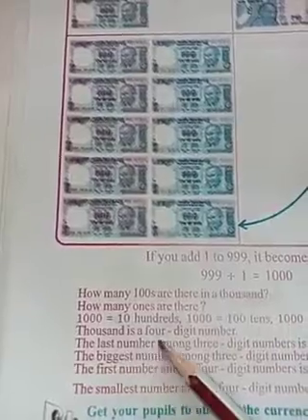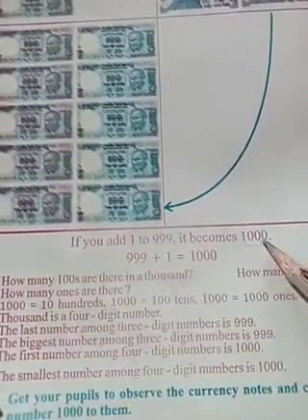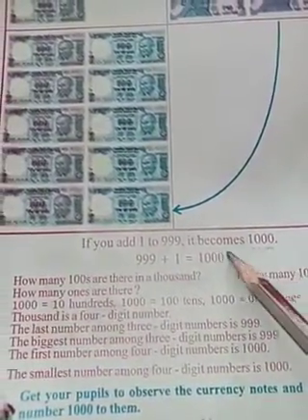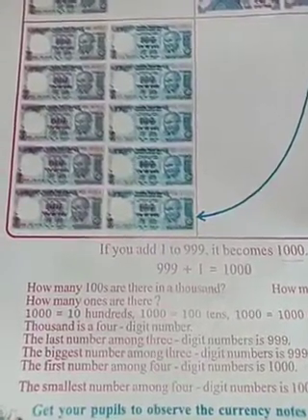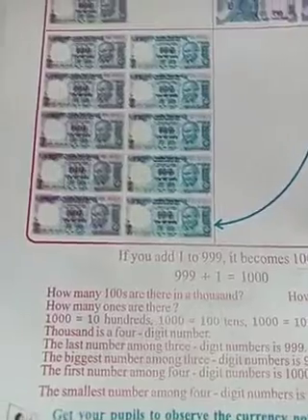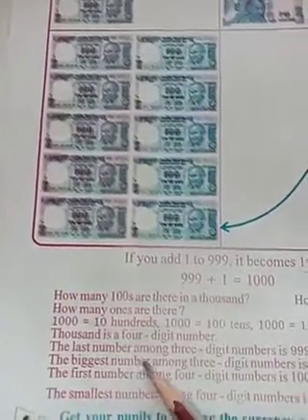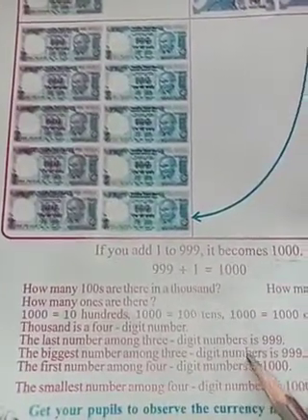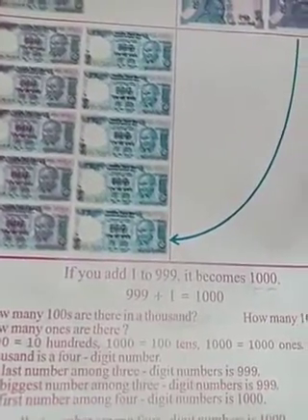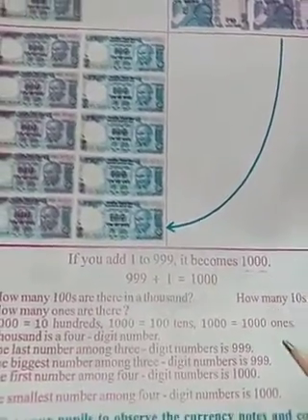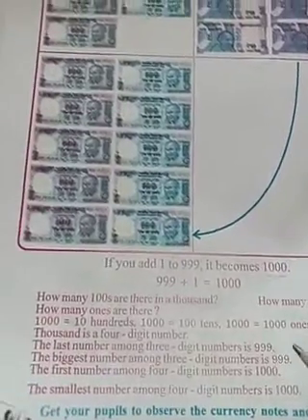So how many digits does 1000 have? 1, 2, 3, 4. 4 digits. 1000 is a 4 digit number. The last number among 3 digit numbers, which number is that? 999.